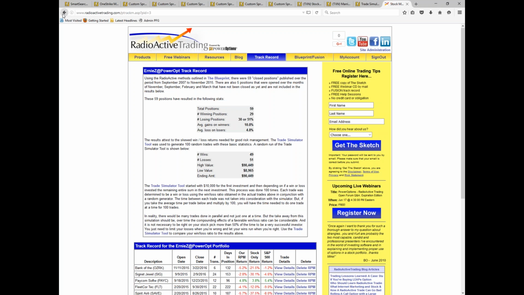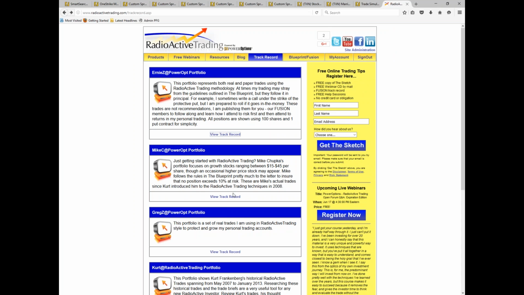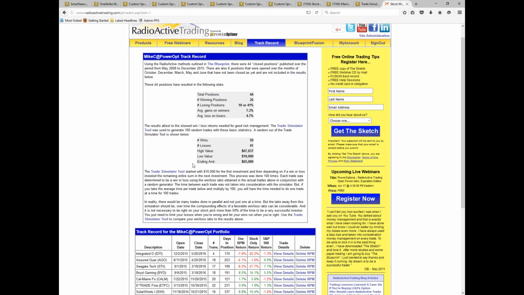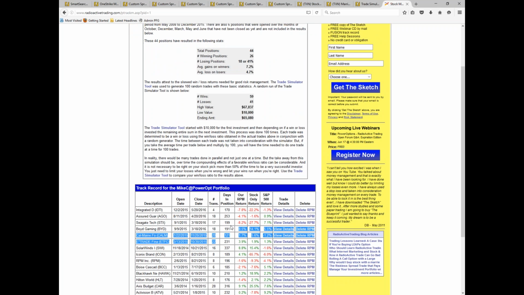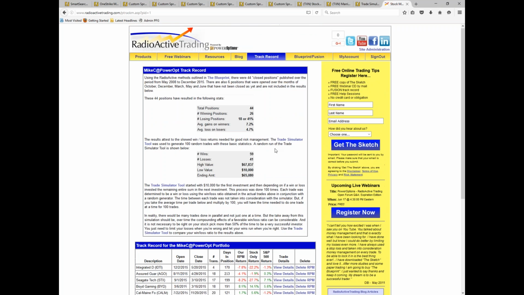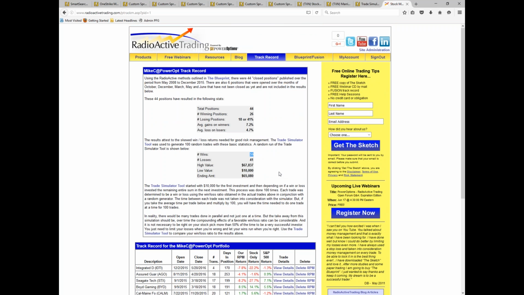Let's go back to my track record here real quick, and these are all the trades that I've opened and closed in the Fusion portfolio that investors have been able to follow for the past few years. Now, folks, I average only a 7.2% gain when I'm right, 4.7% when I'm wrong, but I keep my married puts around an average of about 180 days, and I've been lucky that I'm right about 60% of the time, meaning I'm showing a profit, whether it's 1%, 0.5%, or 58.9%, which I had with the Silver Wheaton married put a few years back, or 15% or 20% with Johnson & Johnson and so forth.